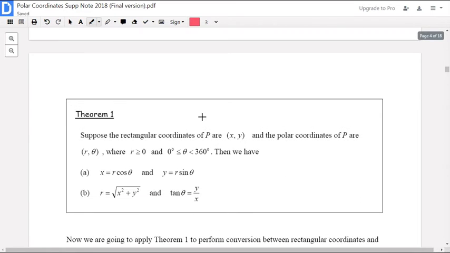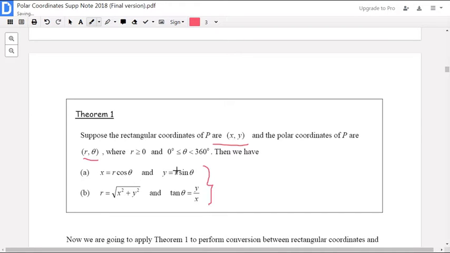You can take a look at theorem one first. Suppose the rectangular coordinates of P are (x, y), and the polar coordinates of P are (r, theta), where r is greater than or equal to 0, and theta lies between 0 degrees and 360 degrees. Then we have these two facts.